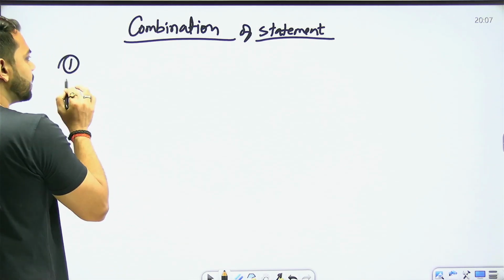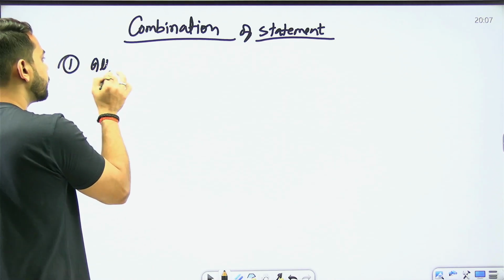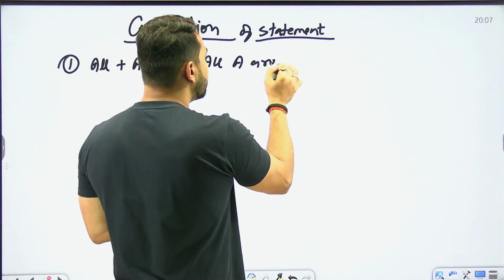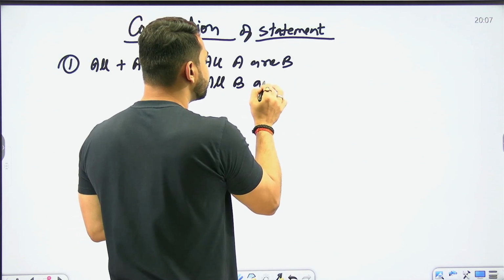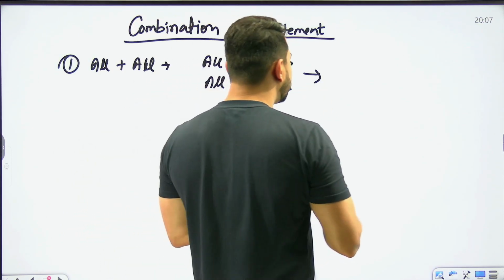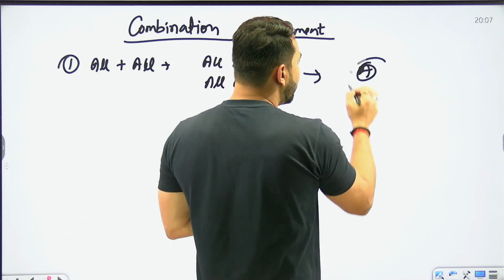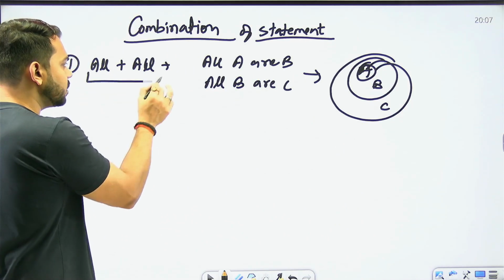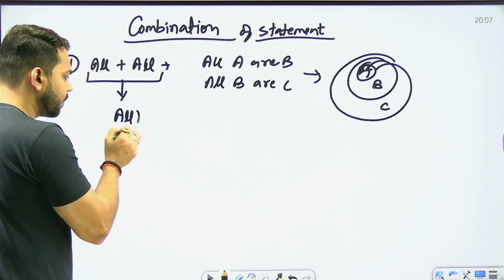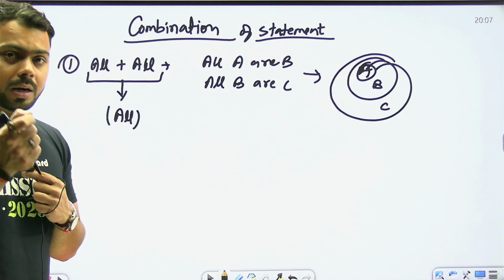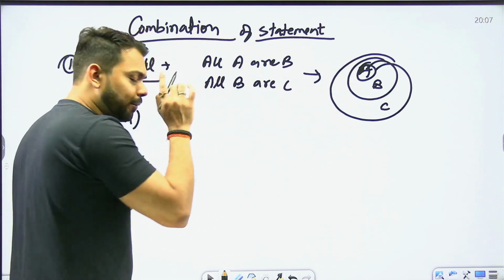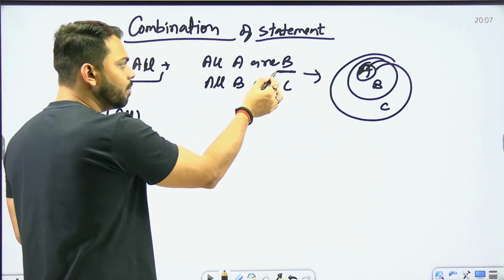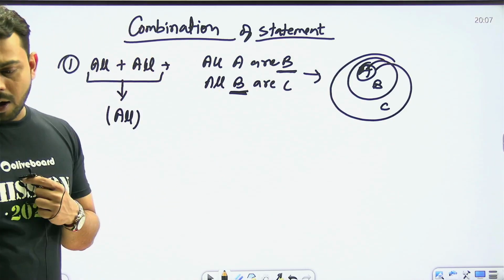First one is, if the statements are given in the format all plus all, that means all A are B, all B are C. When we draw the diagram of these two statements, all A are B and all B are C. So if it is given all plus all, then the conclusion will also be in the all format, because you have to check the predicate of the first statement.